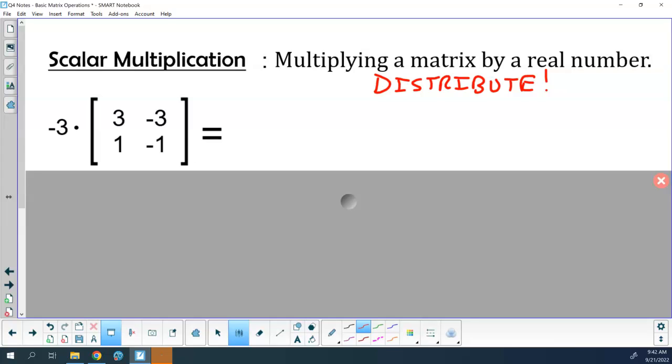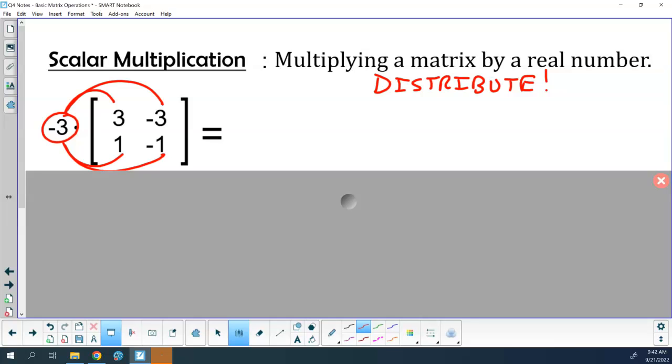So this real number out in front needs to be distributed into every single element inside the matrix. Size, again, doesn't change. Okay?